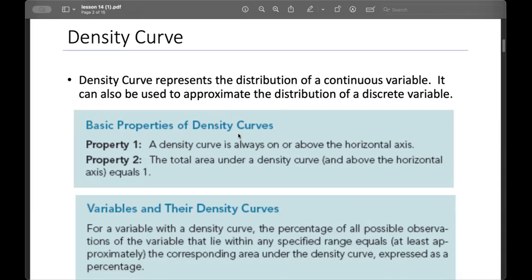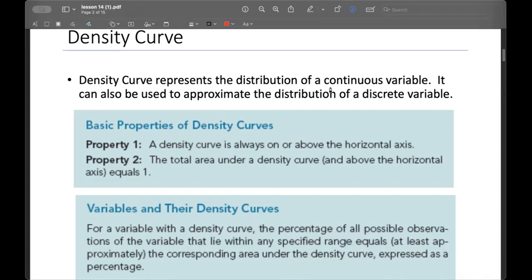The first property is that a density curve is always on or above the horizontal axis. It's always positive. We can't have any negative values, or we can't draw the curve. Let's assume we have the two axes like this, this is our x-axis and this is our y-axis.